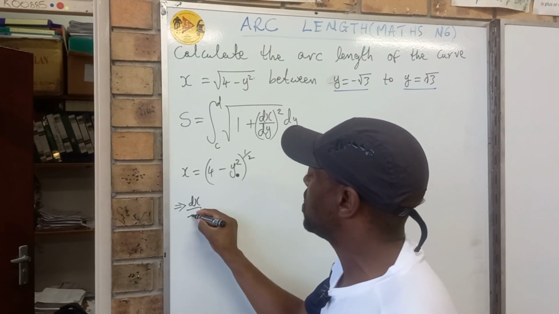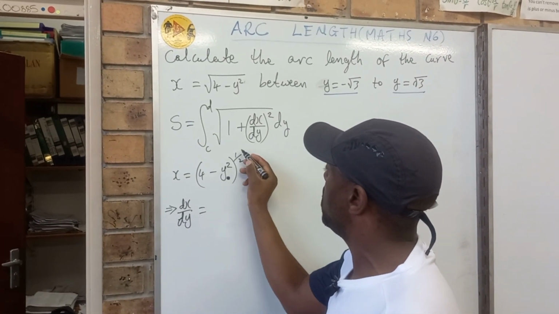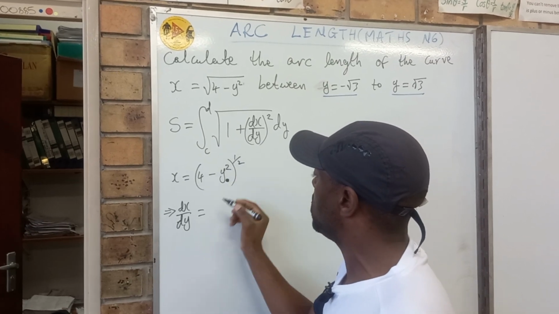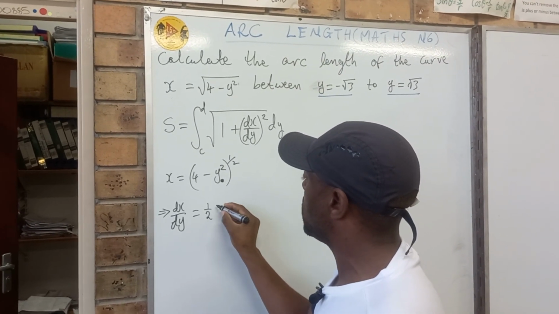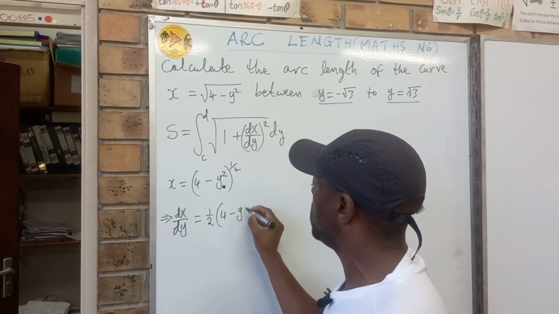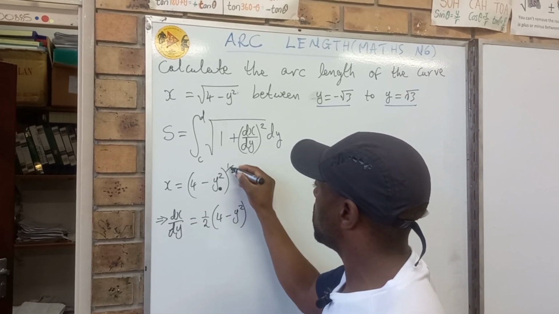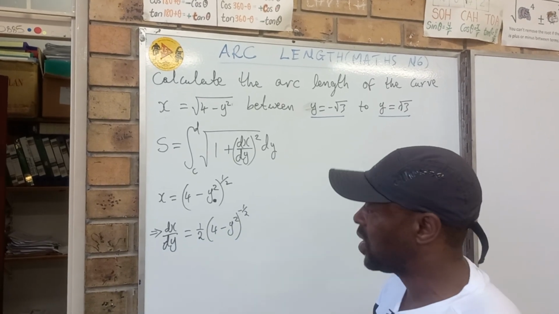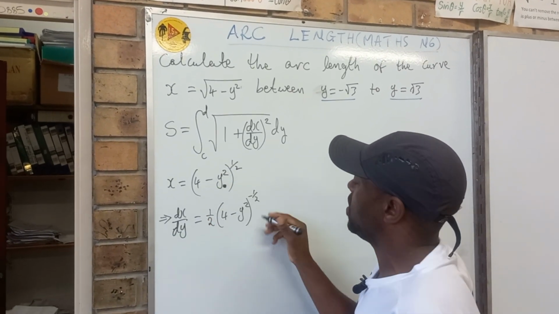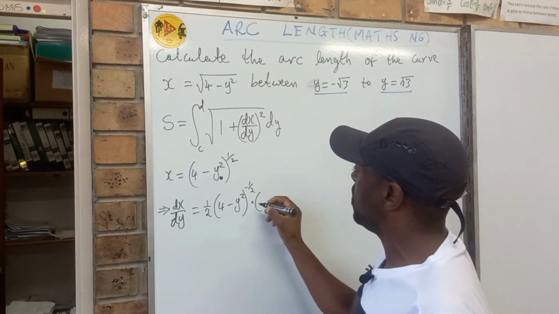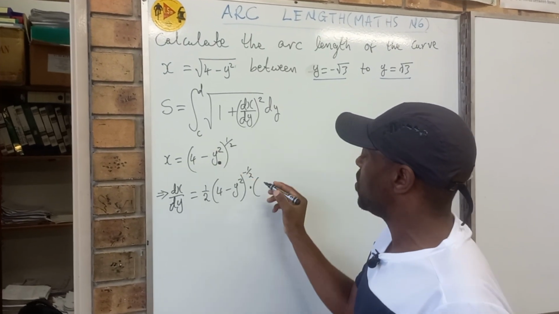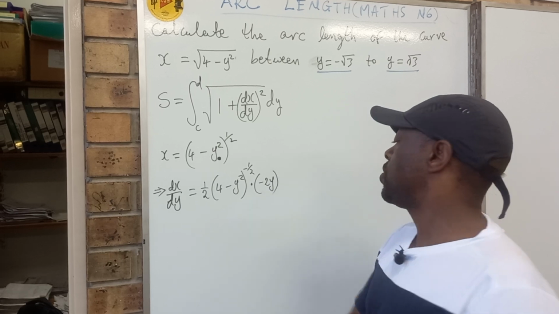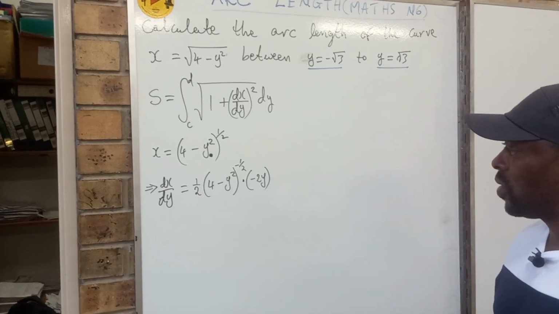When you differentiate the outside, you get 1 over 2 into (4 minus y squared), subtract 1 from the exponent to get negative 1 over 2. Then you step inside and differentiate the core function, the derivative of 4 minus y squared, which is minus 2y.